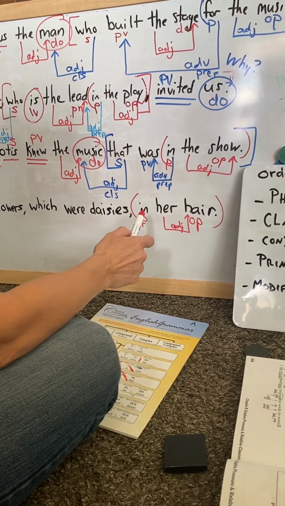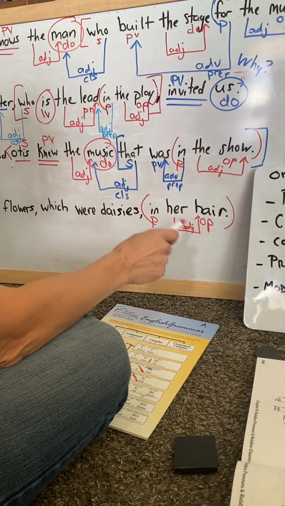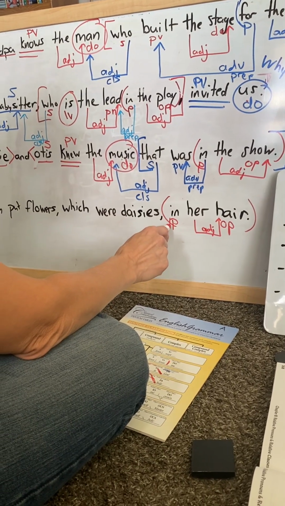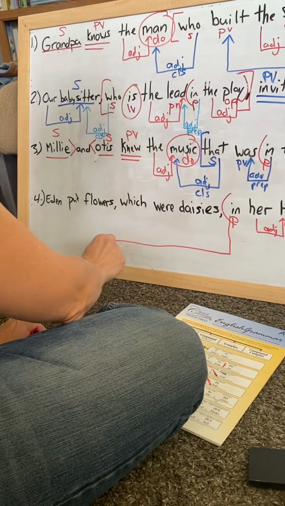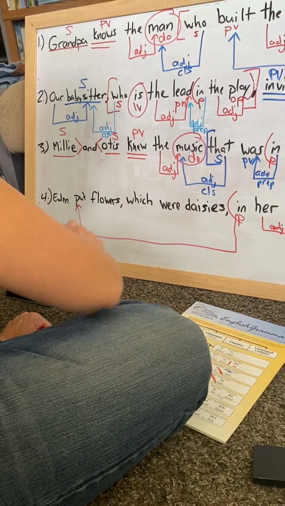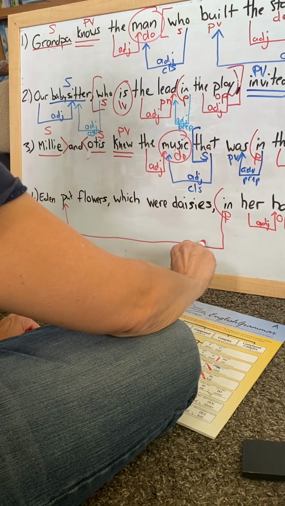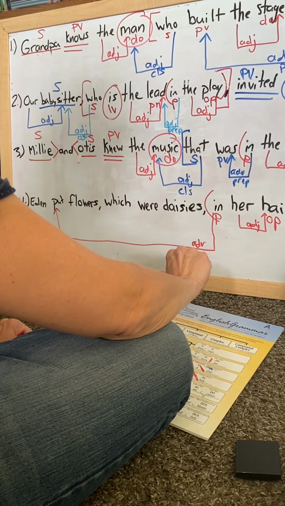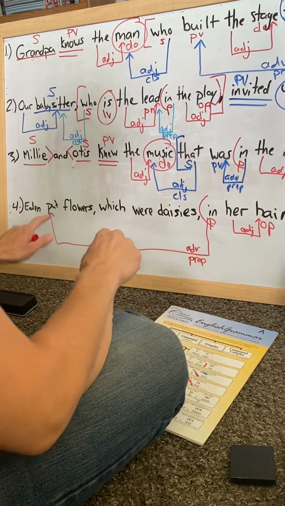In her hair is modifying where she put it. So this is an adverbial prepositional phrase. Remember, lots of times adverbs will modify a verb, okay?